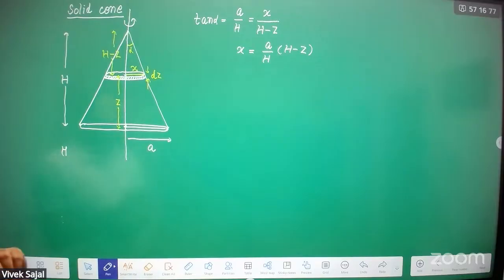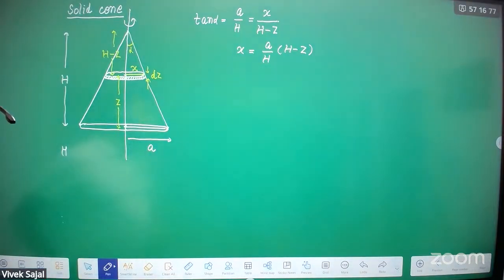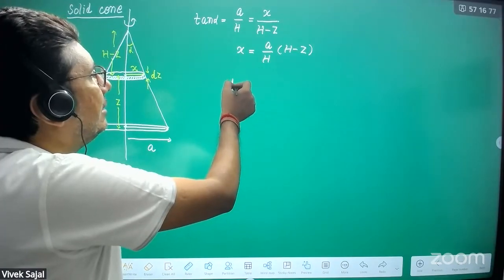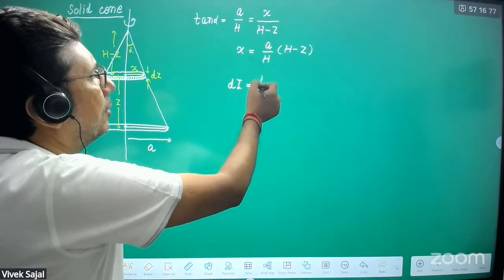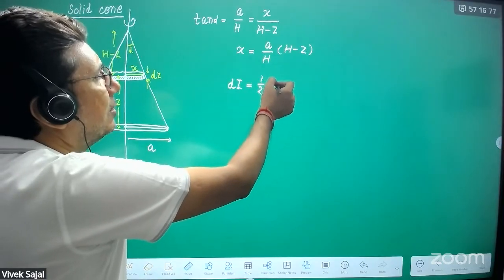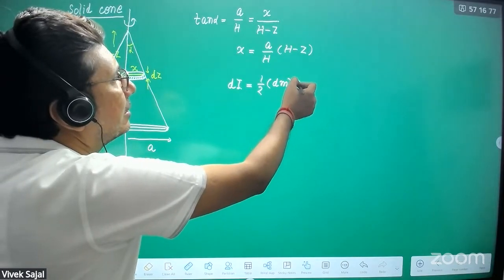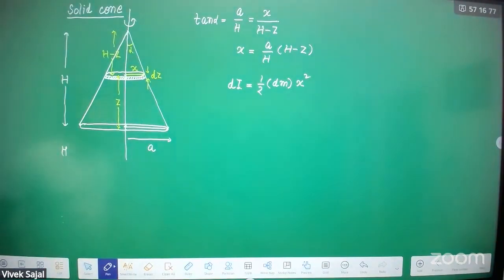Now, second thing is, what will be the moment of inertia of this disc? The moment of inertia of this disc I can write as dI. For a disc, the formula is 1/2 m r square. Mass of this is, suppose, dm. The radius of this is x, so x square. This will be the moment of inertia of this disc.